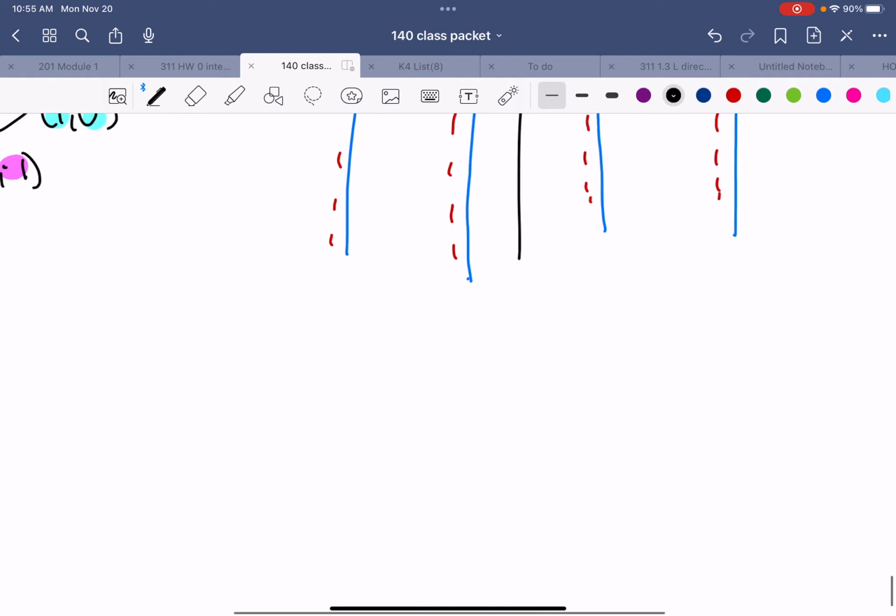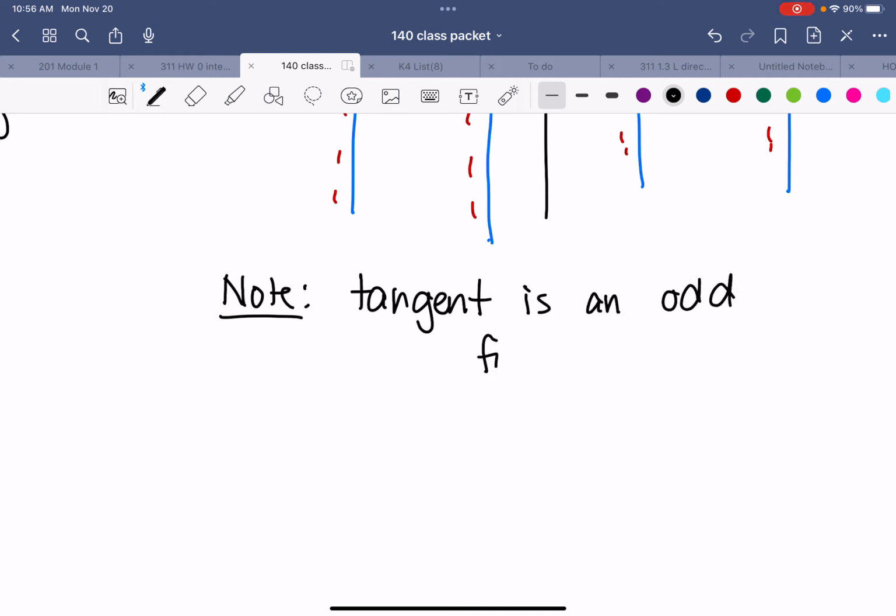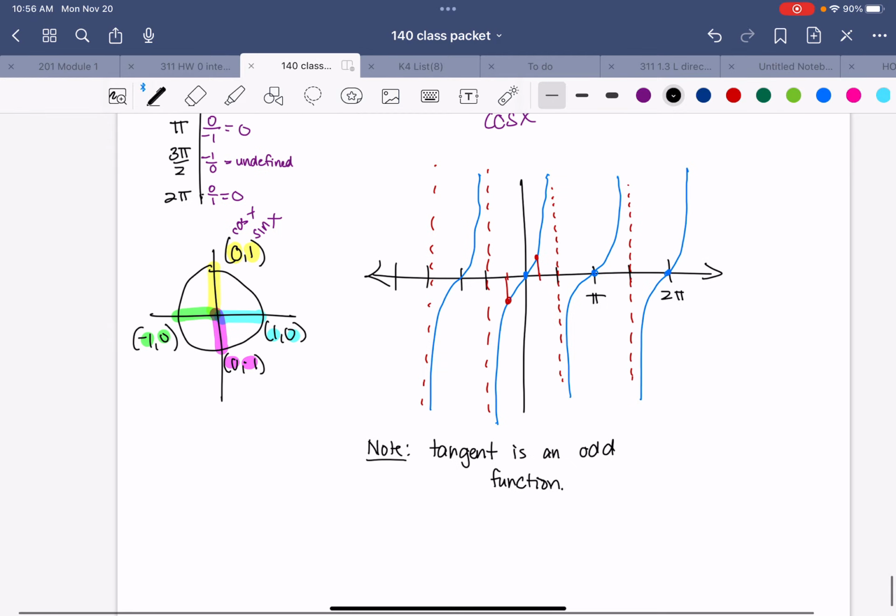So we would say that tangent is an odd function. Now we don't talk about amplitude with tangent because it's going to go up and down forever, right? Because along that asymptote, it's going to go to positive and negative infinity. It's just going to kind of ride as close as it can and go all the way up.